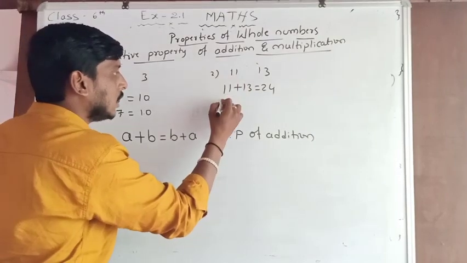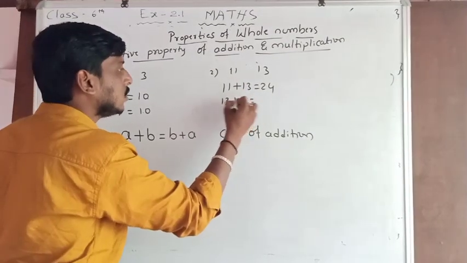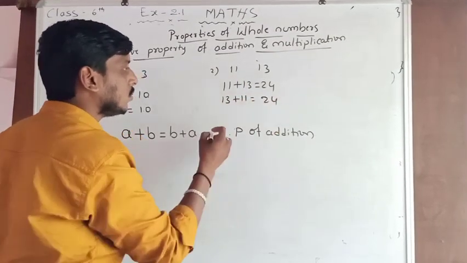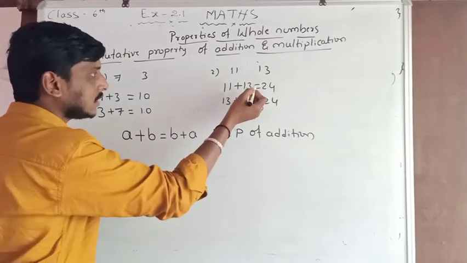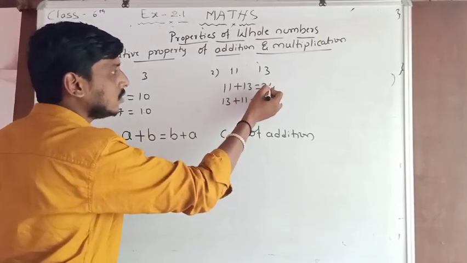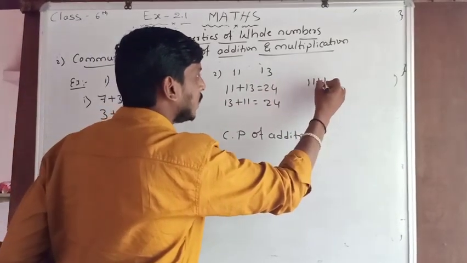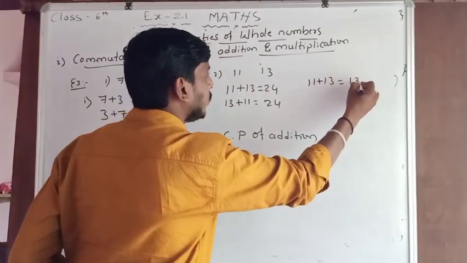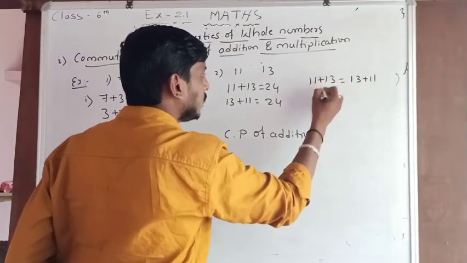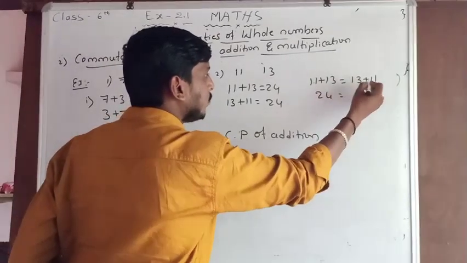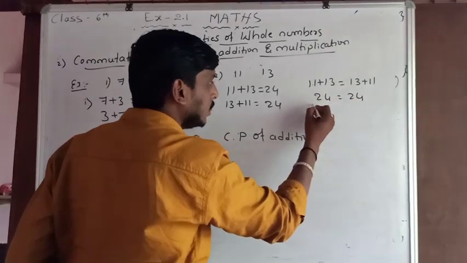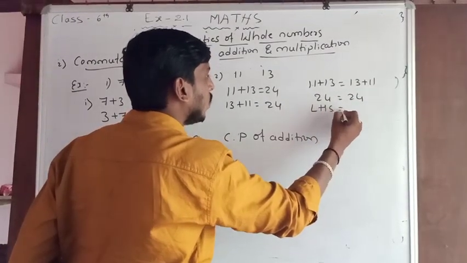Reverse the numbers: 13 plus 11 is also 24. So 11 plus 13 is 24, 13 plus 11 is also 24. It means both LHS equals RHS.